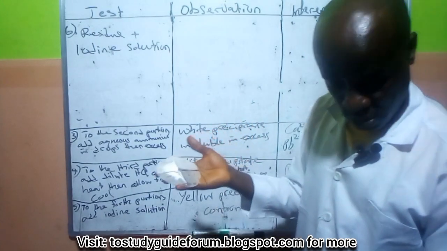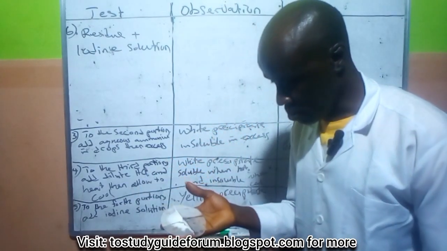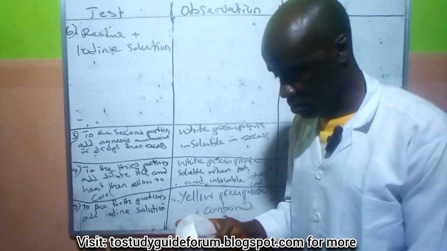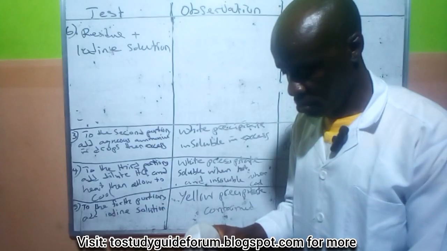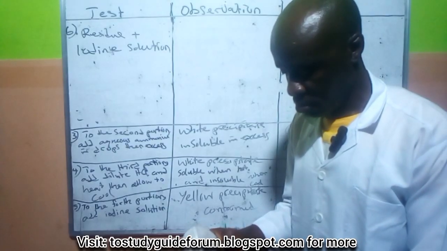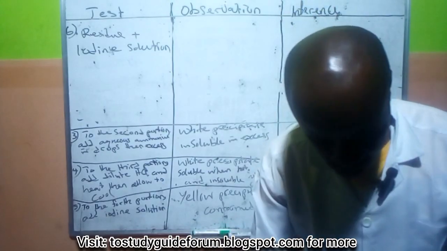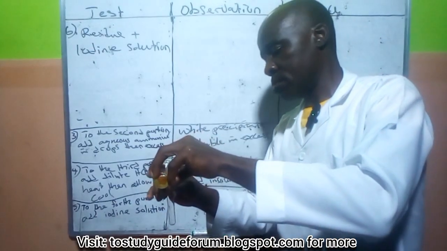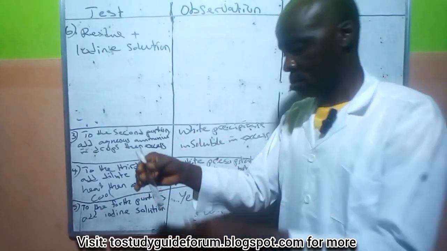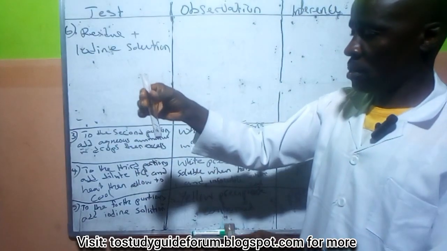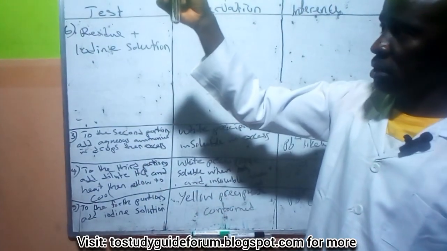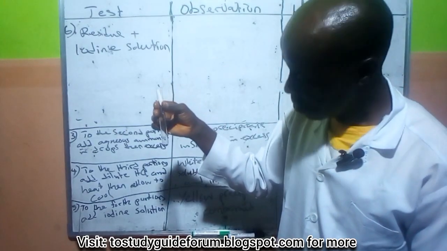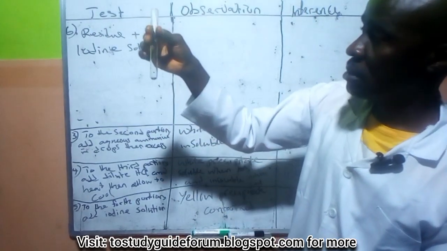Or should I put it in a test tube? Let me add it in the test tube. You can see the blue-black color that's coming out there. That's evidence of what? Starch. The starch is present in this.